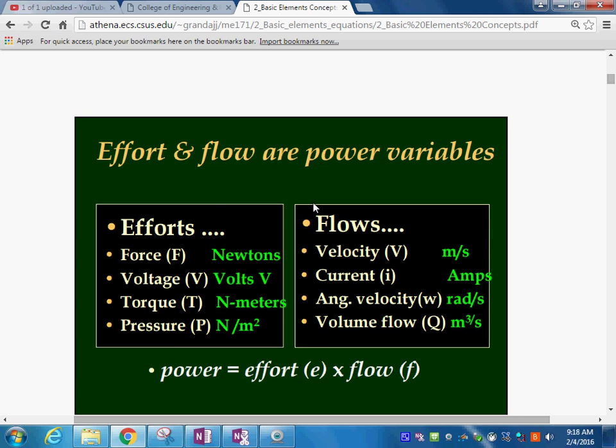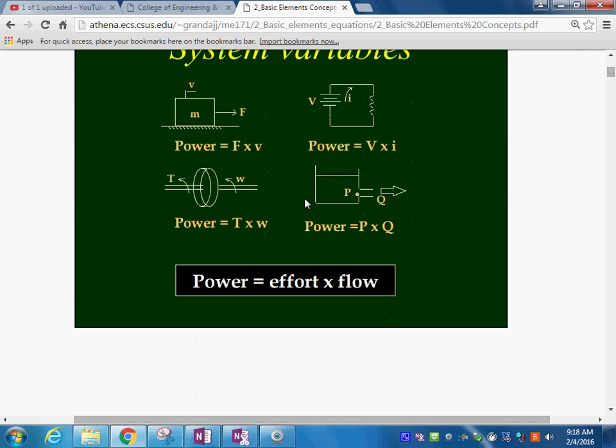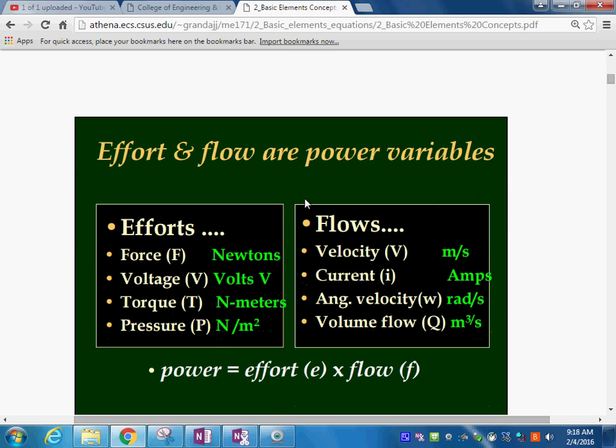In the variables that we just stated over here, those force and velocity, voltage and current, and so on, you can always define power between the elements that transmit between systems and components, these two kinds of variables.